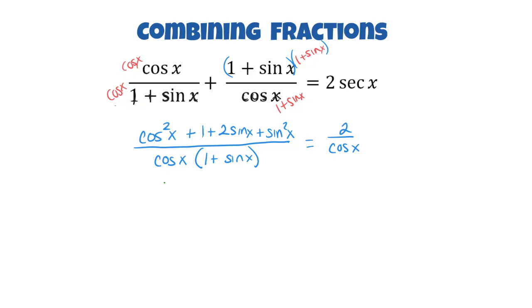Well, it's that whole thing where you have got to be looking for something to pop out at you, and you've got to know those identities well enough that it pops out at you. This right here is what I noticed. I have a cosine squared x and a 1, but it's a plus, and that is not a thing. But I do have a cosine squared x and a sine squared x. So wouldn't those two combine to equal 1?